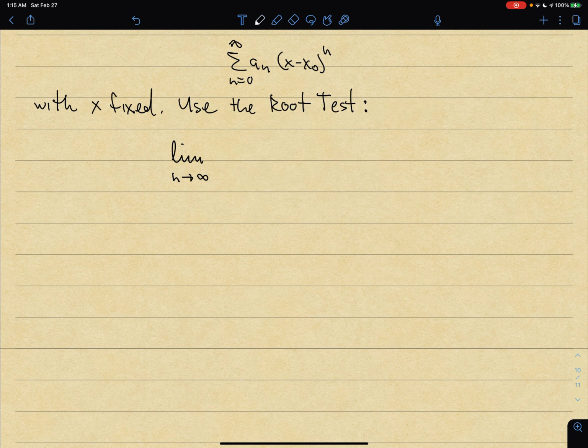Let's go back to the root test. So this would be the nth root of the absolute value of the term of a series, to the power 1 over n. And in fact, the most general version of the root test that we discussed was a version where we're taking lim sup. Okay, so what is a lim sup here?